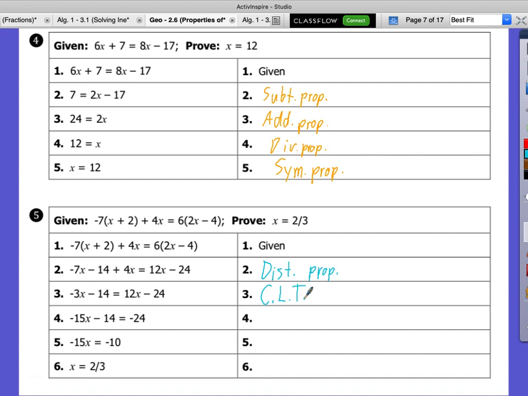I'm also okay with calling it simplifying. Combine like terms slash simplify, either one is acceptable. I think we most commonly say combine like terms, CLT.